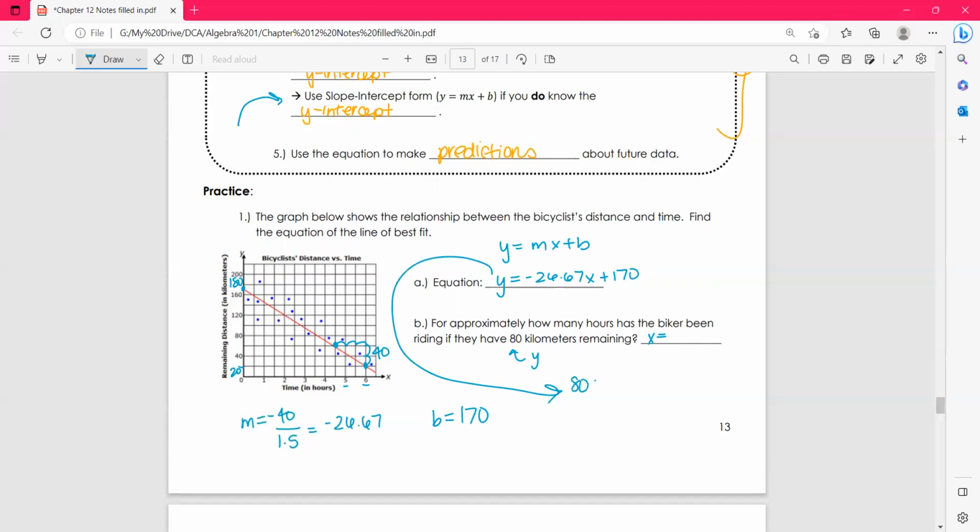So I have 80 equals negative 26.67x plus 170. Okay, so we're going to solve this for x. I'm going to subtract 170 on both sides. So 80 minus 170 gives me negative 90 equals negative 26.67x. Then I'm going to divide both sides by negative 26.67.